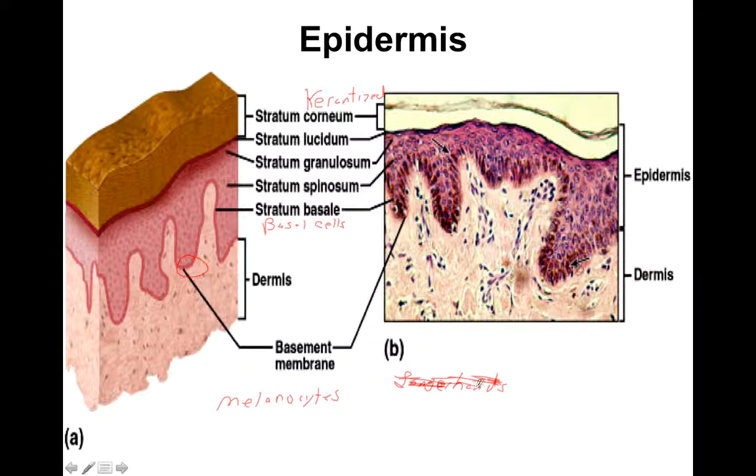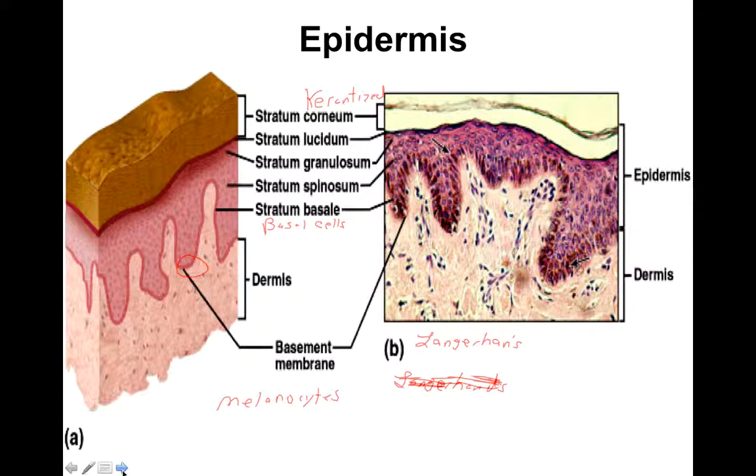Let me rewrite that. There we go, it's better. Langerhans cells help to form an immune response for that layer of skin.